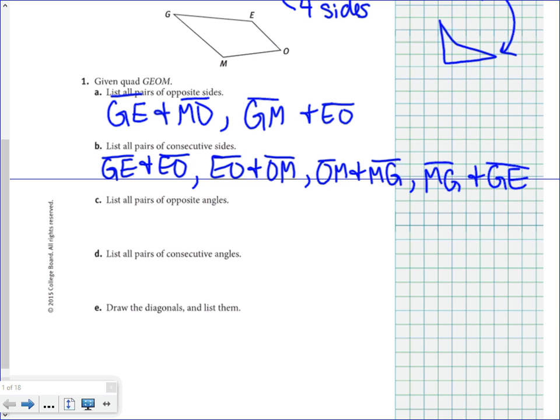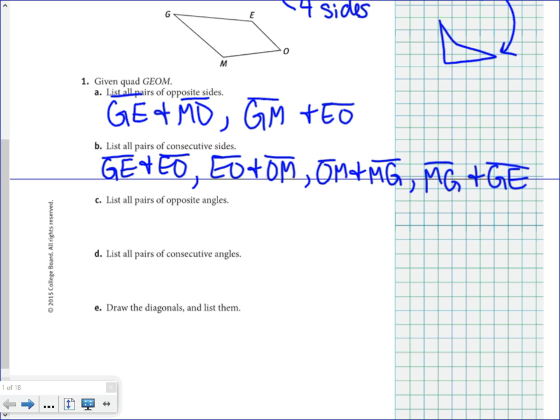Those are your 4 pairs of consecutive sides. So we have 4 vertices here because we have a quadrilateral. There are 4 corners, 4 vertices. There are going to be 4 pairs of consecutive sides, the 2 sides that create each of those 4 vertices. So that's what we have listed.